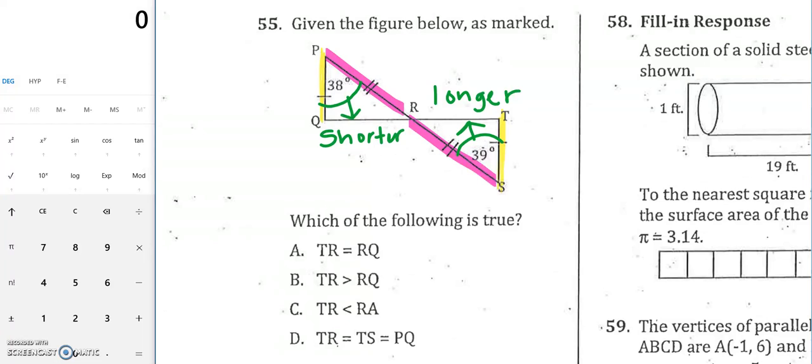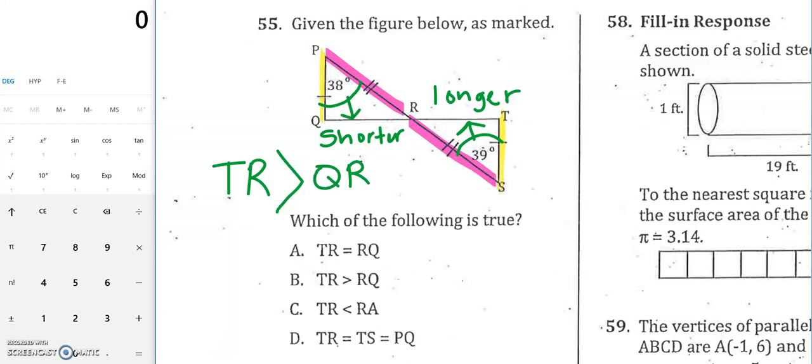So if I were to write an inequality, because a lot of them use an inequality, I would say that TR is my longer side. That's larger, so I open the mouth of the inequality wide to swallow up the bigger side, the TR. So TR is larger than QR.